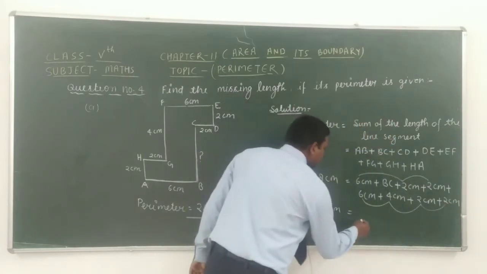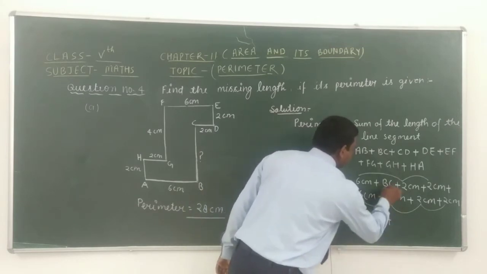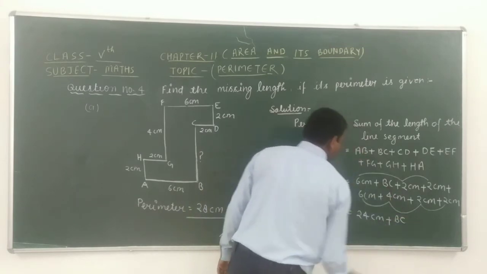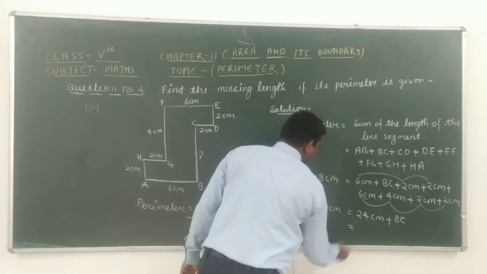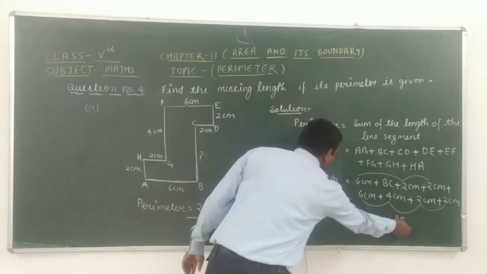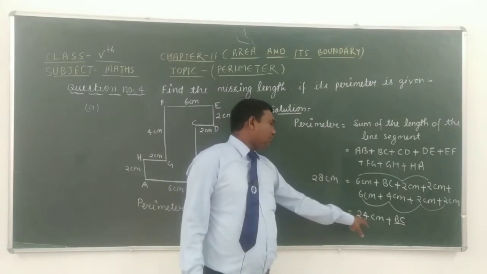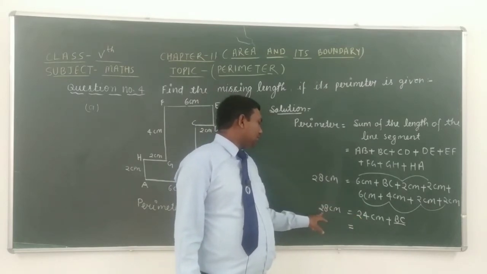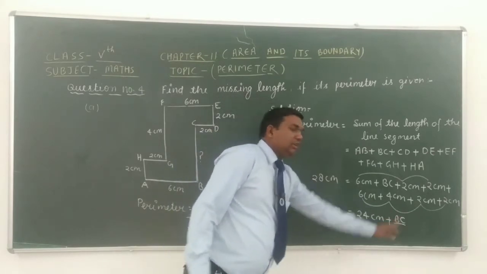Okay, dear students, here we get 24 centimeter plus BC. Look at here carefully, the length of BC is equal to, if we subtract 24 from 28, then we get the value of BC.